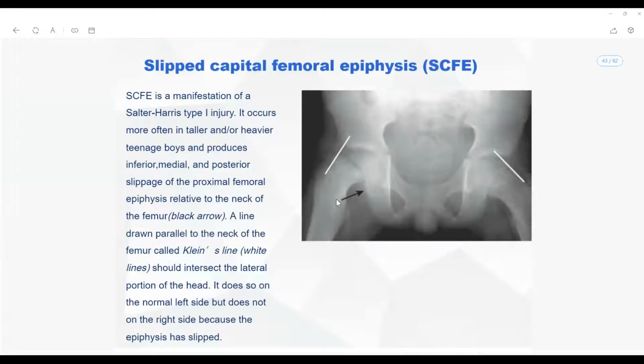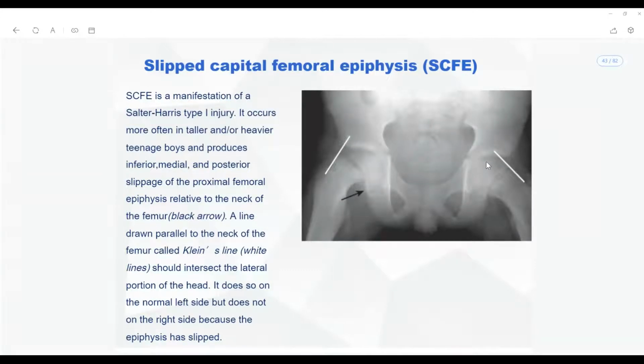Then you can see there is a superior displacement, where a line drawn parallel to the neck of the femur is present above, which is superiorly displaced when compared to the left side, which is securely present, right? So this is called the Klein line.